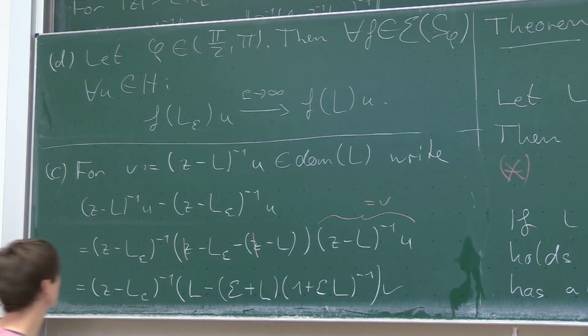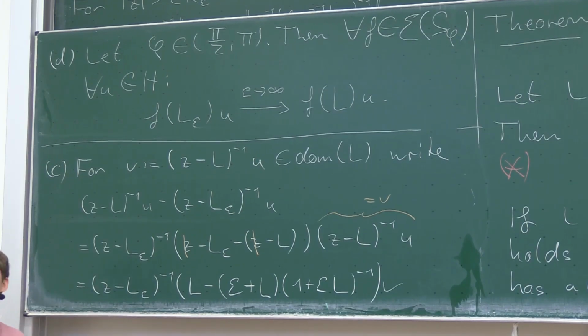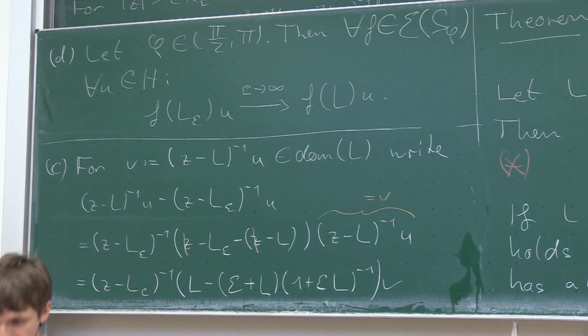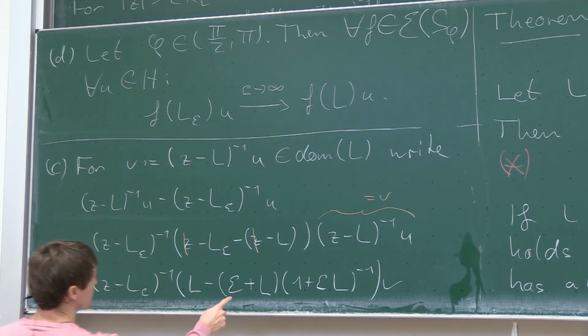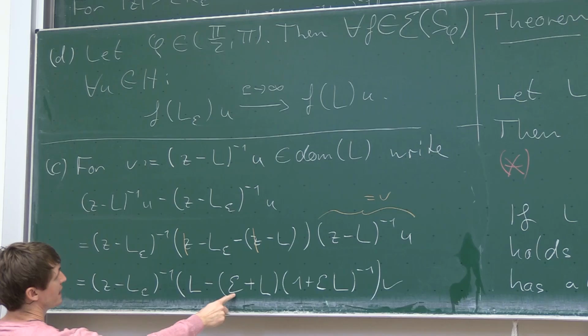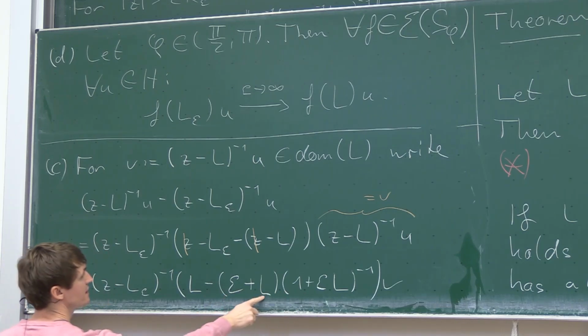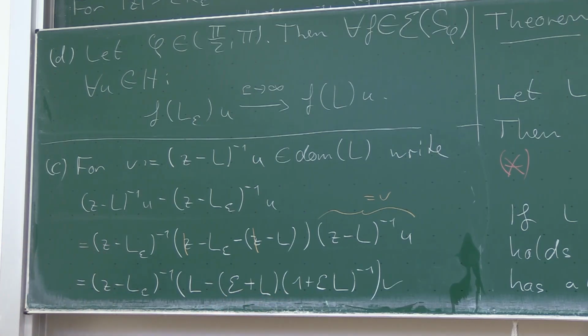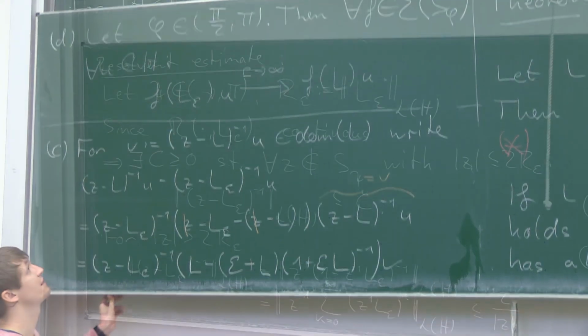All right, so the left-hand side is exactly this right-hand side. Okay, and the last thing we do is essentially just multiplying epsilon by this resolvent and L by this resolvent. And then we are going to investigate what's happening there.